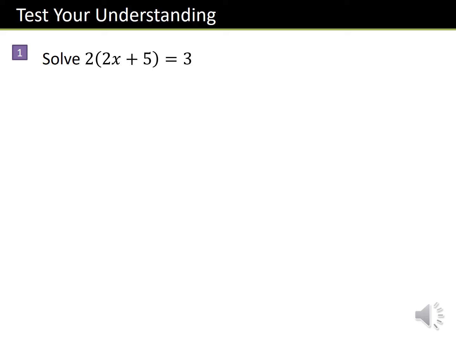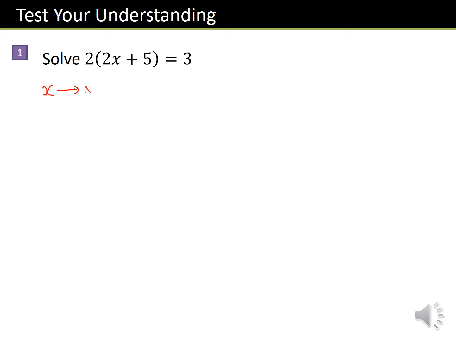So let's have a go at this one. I'll work through this one as an example, but if you want to pause the video now and have a go yourself, that is great. Okay, so again, if we imagine a function machine to get this, you've got x going in.